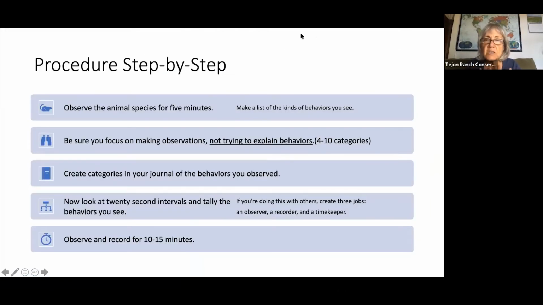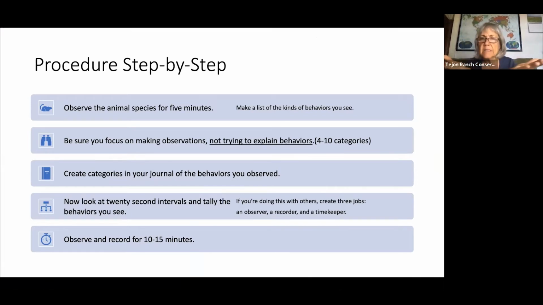The first thing you're going to do is choose your animal and observe it for about 5 minutes. While you're observing, you're going to write down a list of the types of behaviors that you are seeing. Really focus on making those observations, but don't explain those behaviors.